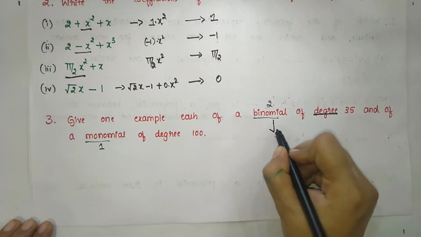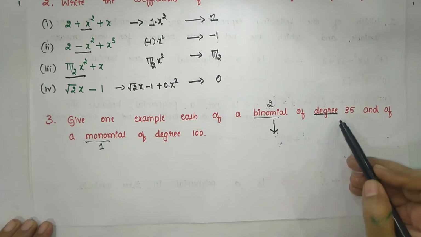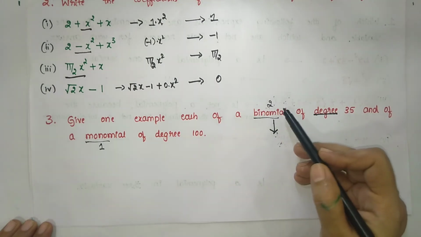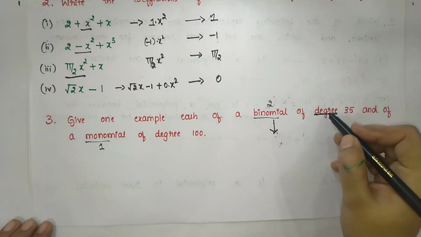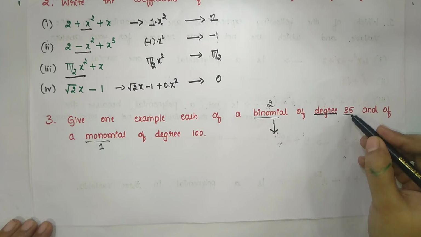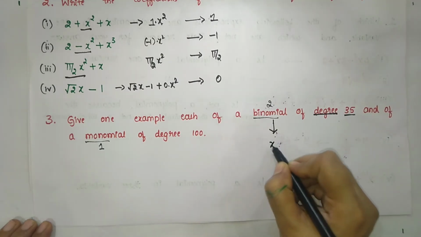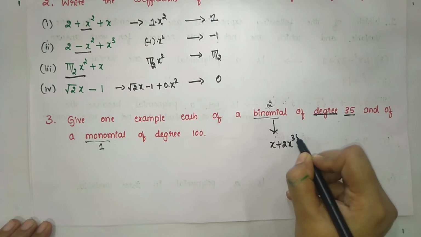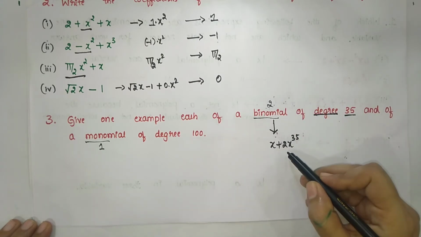First, let us give an example for a binomial of degree 35. I told you that binomial means there should be two terms, and the highest power of the variable in that binomial should be 35. So I can write x plus 2x power 35 as an example for a binomial.